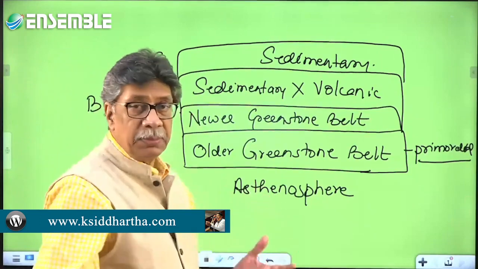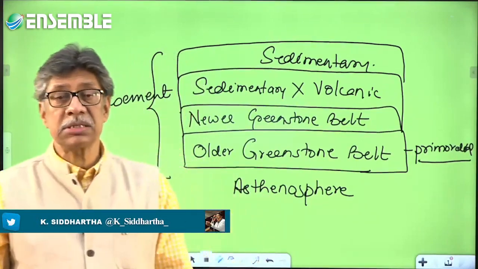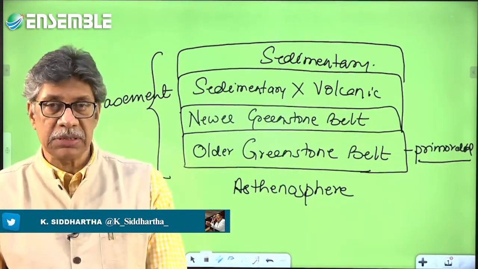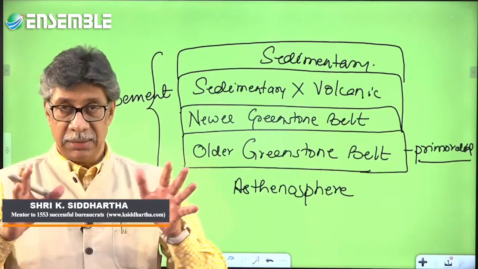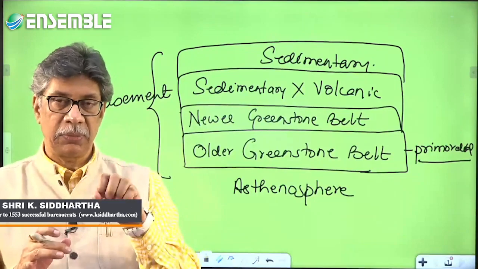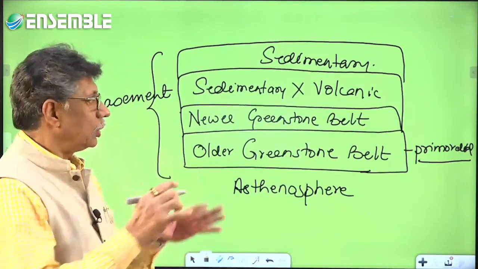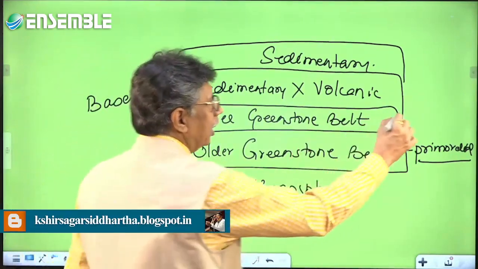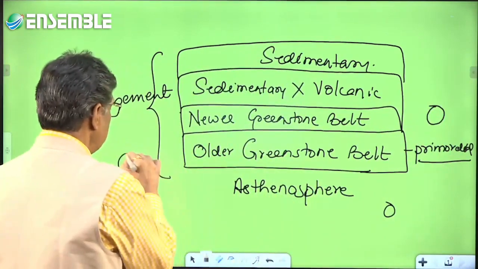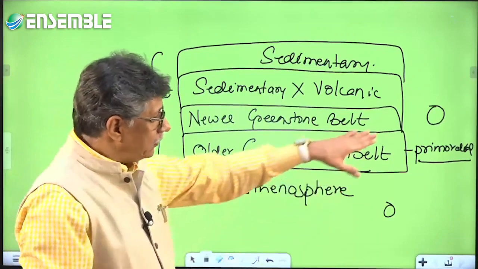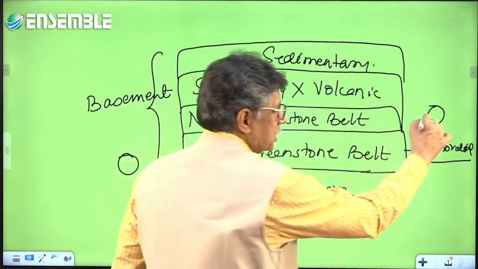Now, this basement meant that all the subsequent rock formations and everything that was going to happen would be on top of it. And the first nuclei that formed, the first layers on the whole of the earth, some of them may have been here, some here.